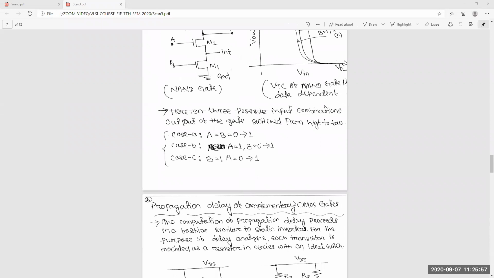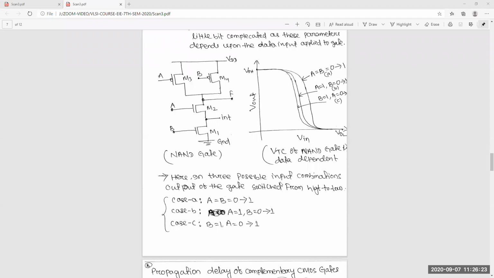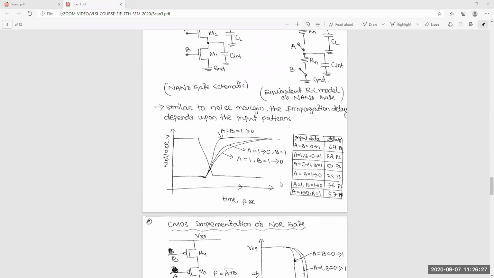Similarly here in combinational circuits, this is the static characteristics and how the curves come out, which we have discussed. In the NOR circuit, it is NAND. In NOR you can also derive or draw this curve. And this is the propagation delay.